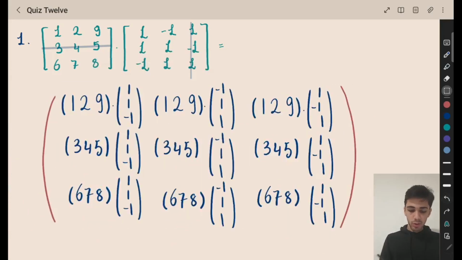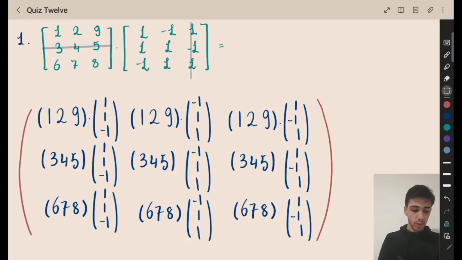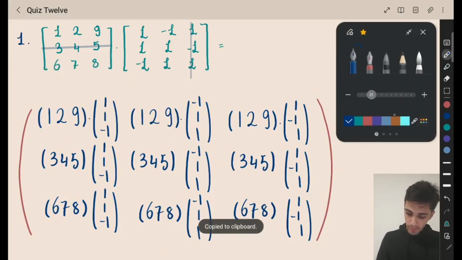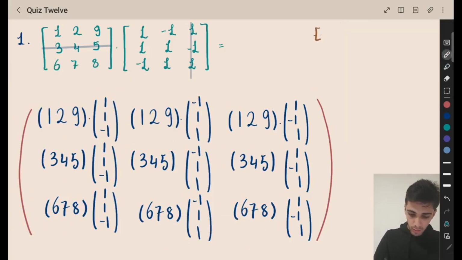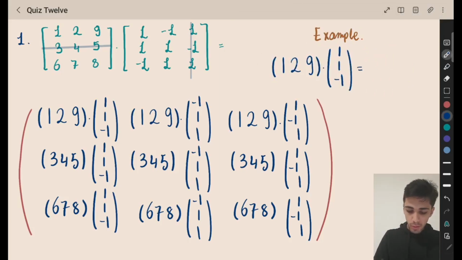So for example, if we just do one example of a dot product as an example. This dot product is as follows. So you take the first component with the first component, second one with the second one, third one with the third one.